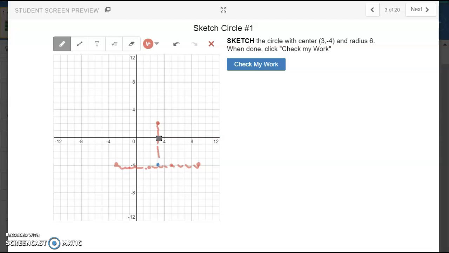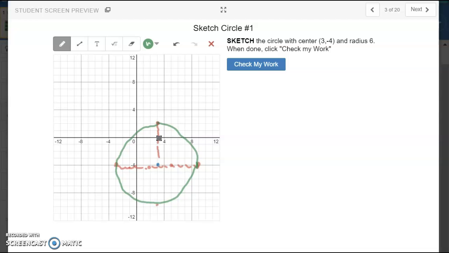So -4 plus 6 is going to be -10, which will be right here. Now I have 4 points. I can try to draw the circle connecting those points in a nice circle looking shape. Okay, that's my best circle.